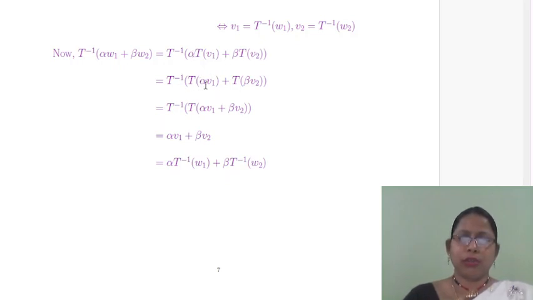I will get T inverse of T of alpha b1 plus T of beta b2, which is equal to T inverse T of alpha b1 plus beta b2. T inverse T is the identity map. The identity mapping of this element will give you the element itself. So this is alpha b1 plus beta b2. Putting b1 and b2 back, that is alpha T inverse W1 plus beta T inverse W2.